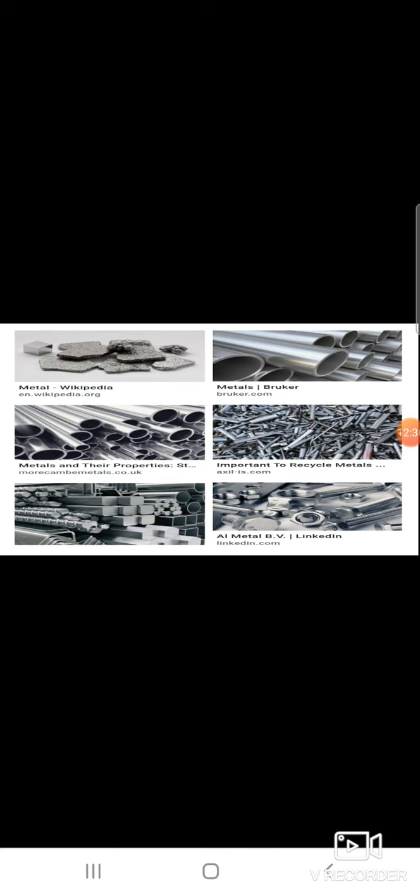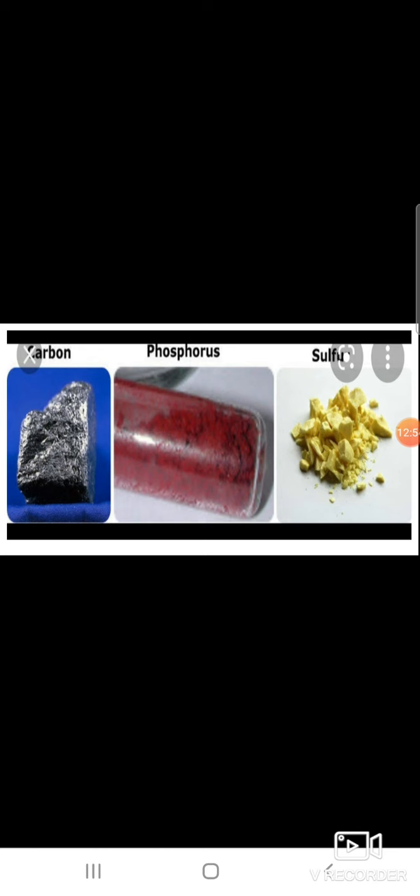Second, non-metals. What are non-metals? Carbon, phosphorus, sulfur. They are generally dull and soft. However, diamond is shiny and also the hardest natural substance on earth. Non-metals can be gases, solids or liquids.